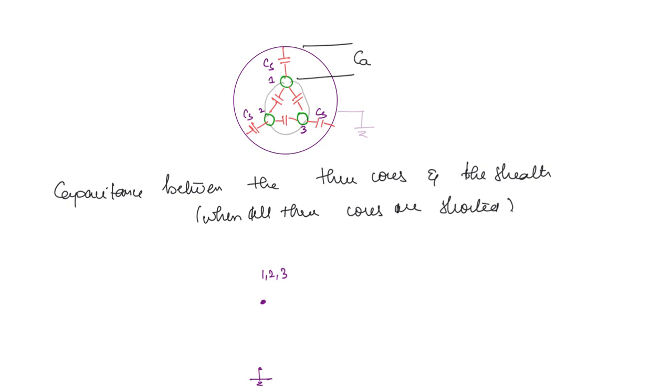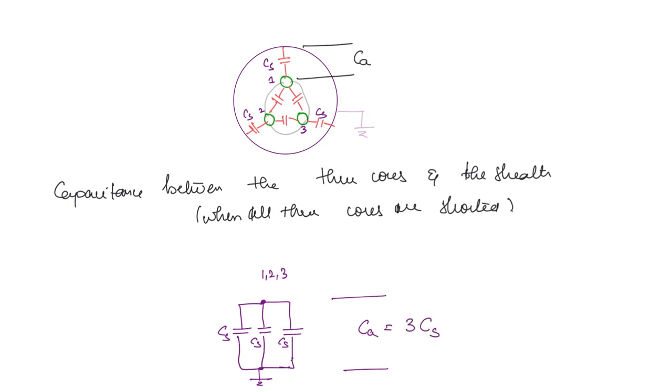Now from conductor 1 to ground you have one capacitor, from conductor 2 to ground you have one capacitor, and finally from conductor 3 to ground, right? CS, CS and CS. Now this entire thing is CA. So how much will be CA? This is simply going to be 3 CS.